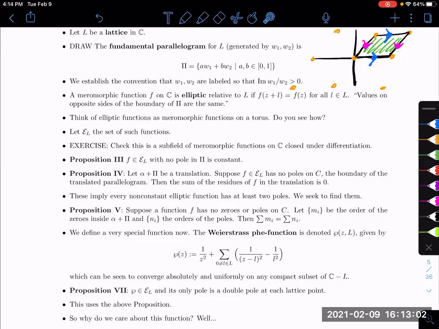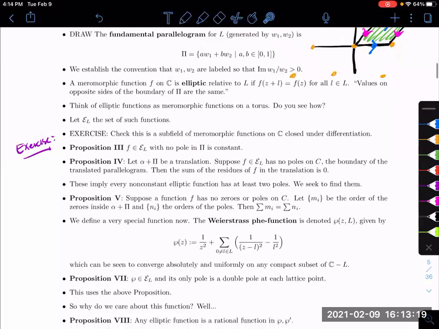So you might ask, are there any holomorphic functions in the field epsilon sub L? Are there any of these functions that don't have any poles? I'll leave it as an exercise, it's easy, that every elliptic function with no pole is just constant. And so we're not particularly interested in those.